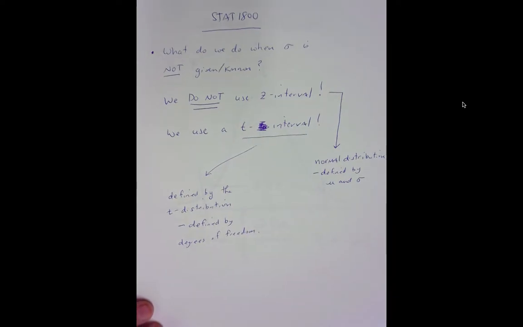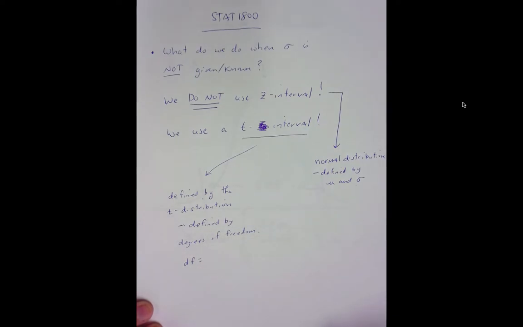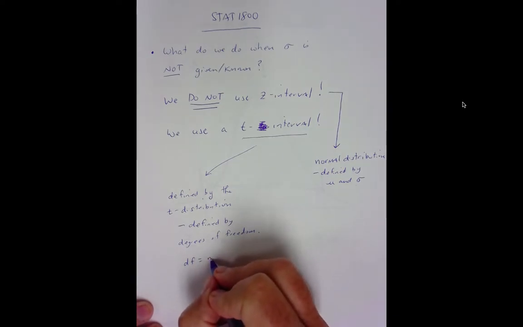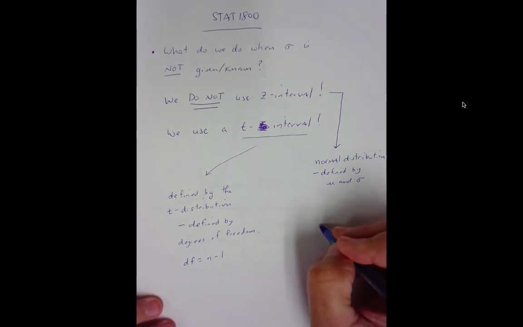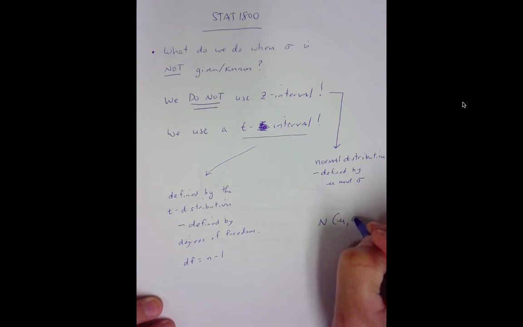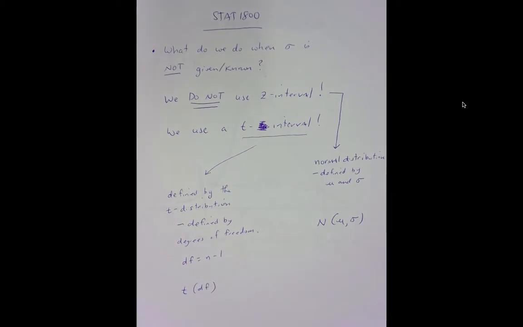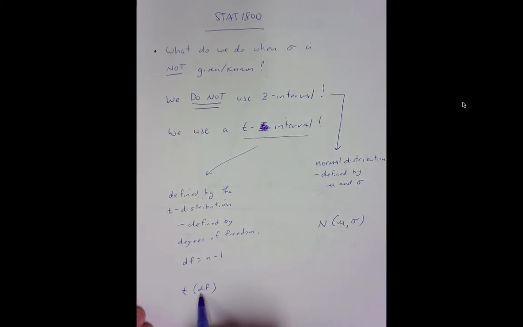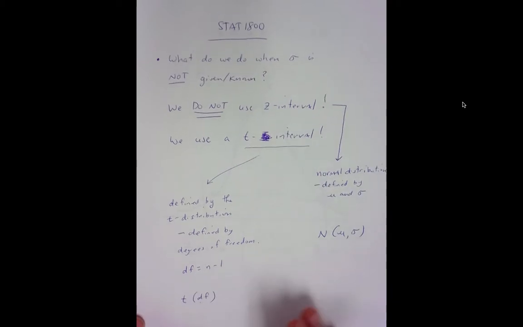And the lucky thing is the degrees of freedom is one of the easiest things to calculate. The degrees of freedom, which we abbreviate as df, is found by taking our sample size minus 1. So a normal distribution is defined by the mean and the standard deviation. A t distribution is defined by its degrees of freedom, which is calculated using the sample size.